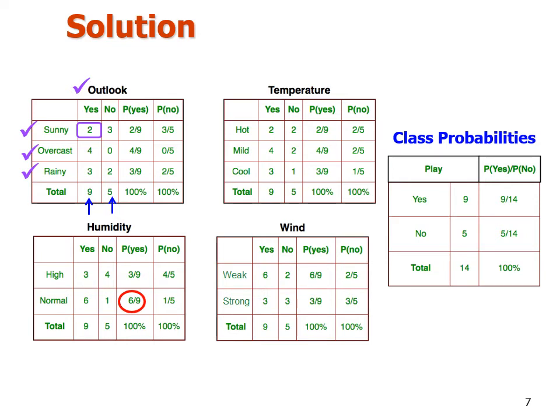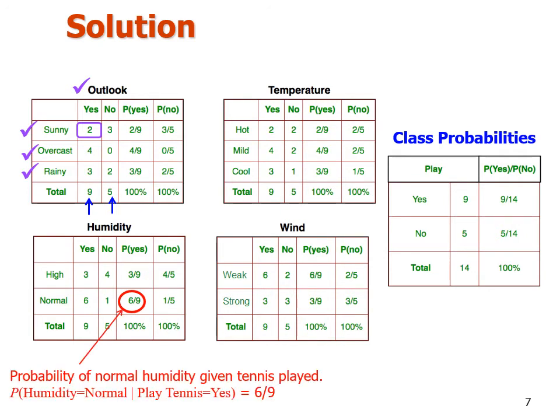So how are we going to interpret this probability 6 divided by 9? This is probability of normal humidity given tennis played, and it is denoted like this: probability of humidity equal to normal given play tennis equal to yes, and this is equal to 6 divided by 9.